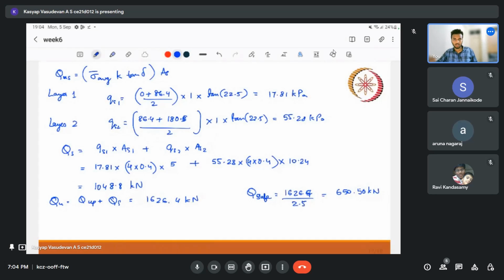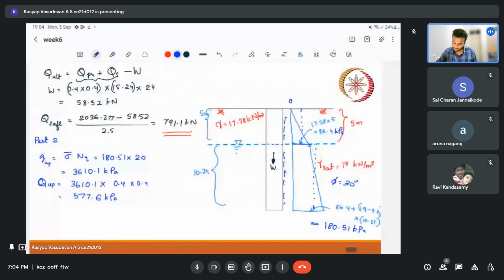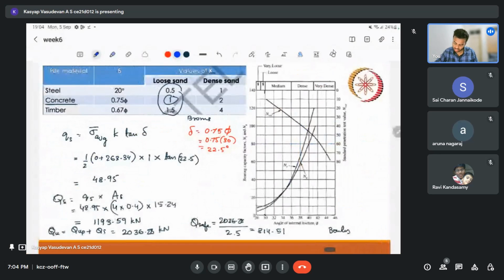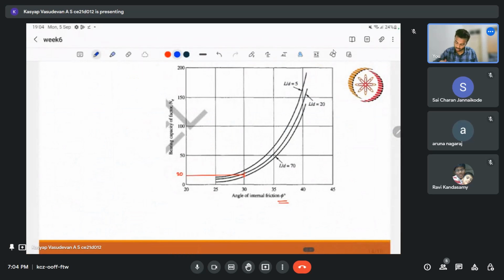Here in this case our phi value was very low, 30 degree. That's why our NQ value is also very small, and that's why we are finding a very small value.